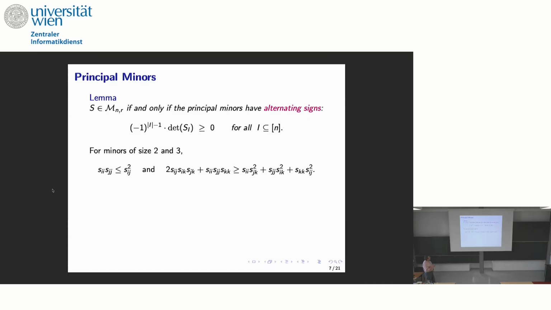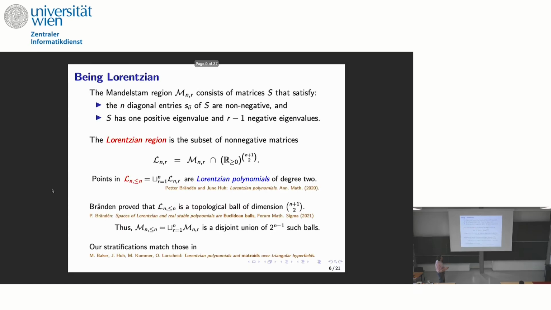By S_I, I mean the square submatrix with set of row indices I and set of column indices I, and I'd like the determinant to have a specified sign. The 1 by 1 minors are positive, the 2 by 2 principal minors are negative, and so on. That's an if and only if; it's equivalent to this description.